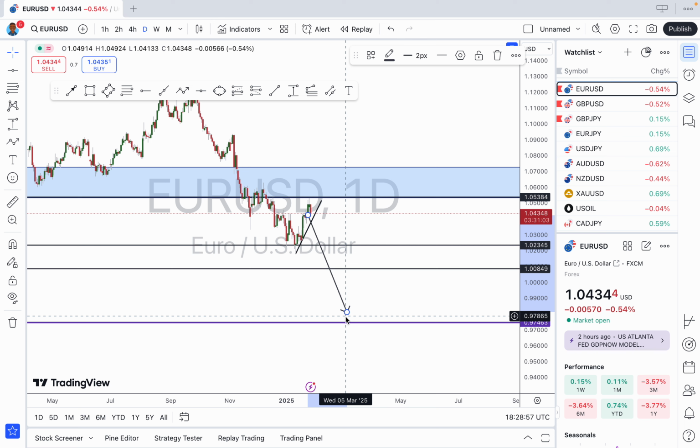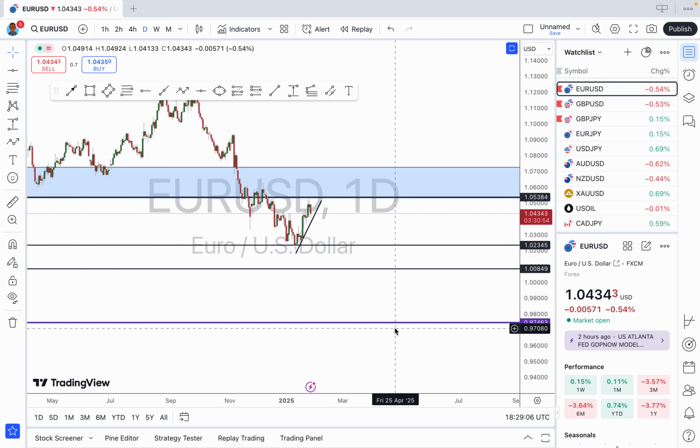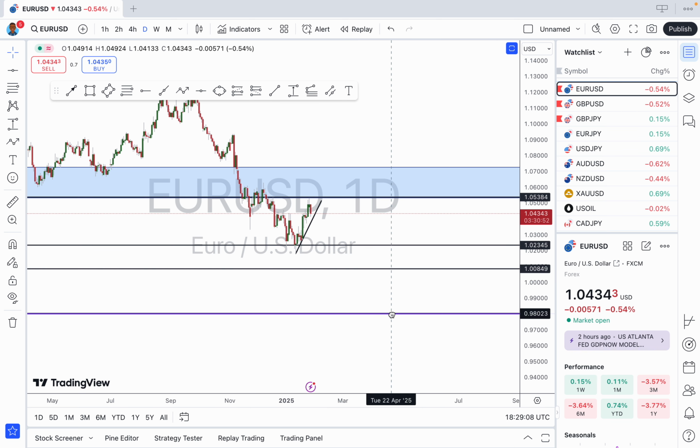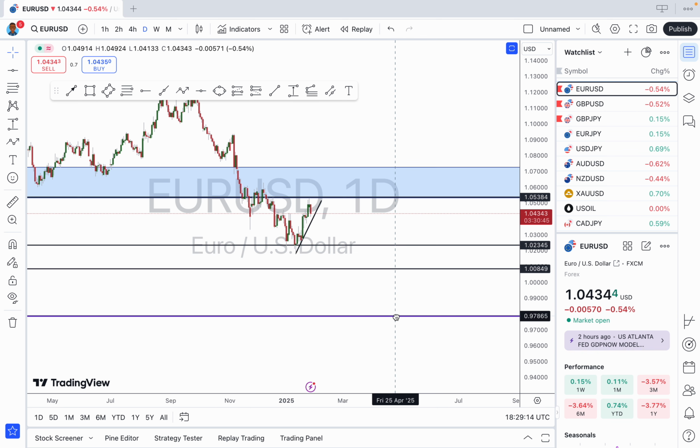Sorry, had to take care of the fan so it doesn't mess up my recording. Right. So, basically I would move this to 0.9800 because it's the closest round number to this level that I have marked.